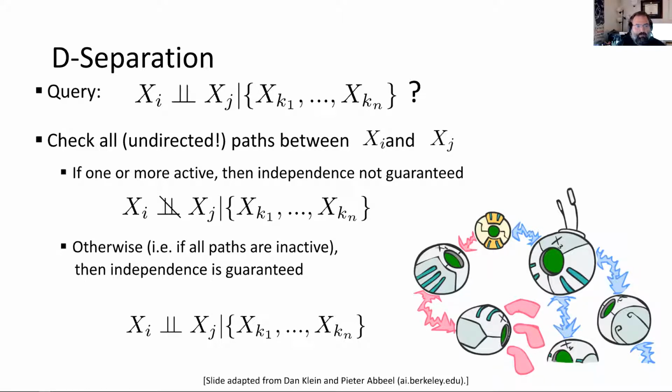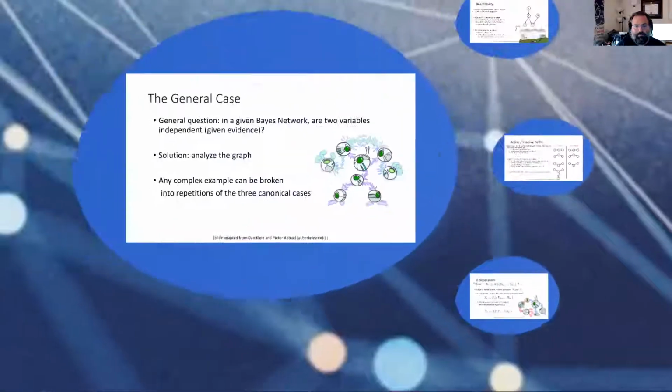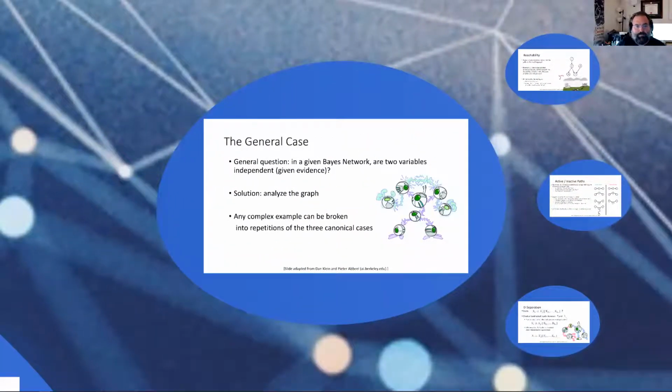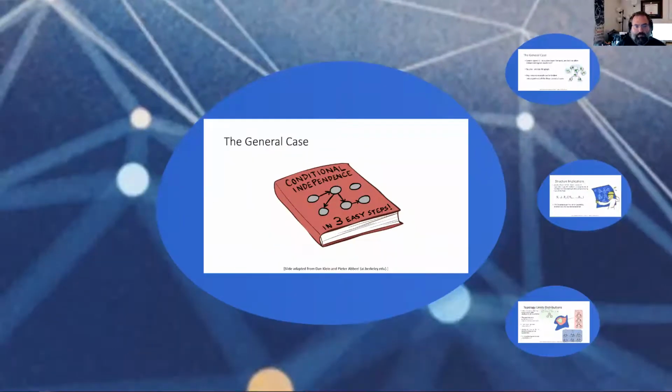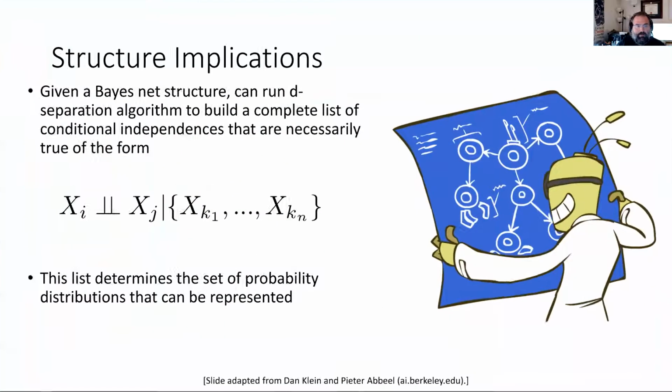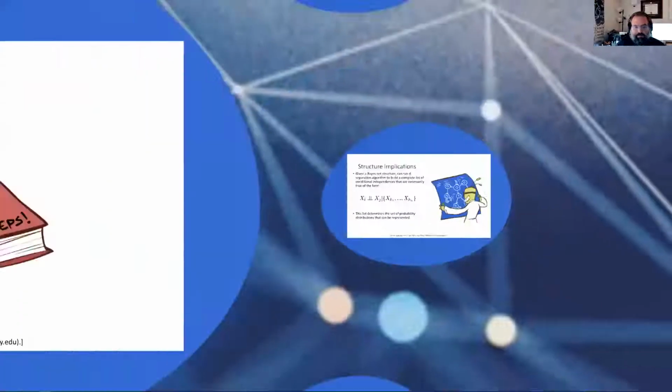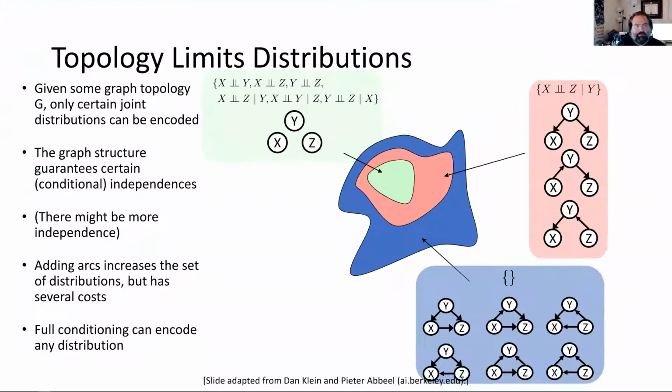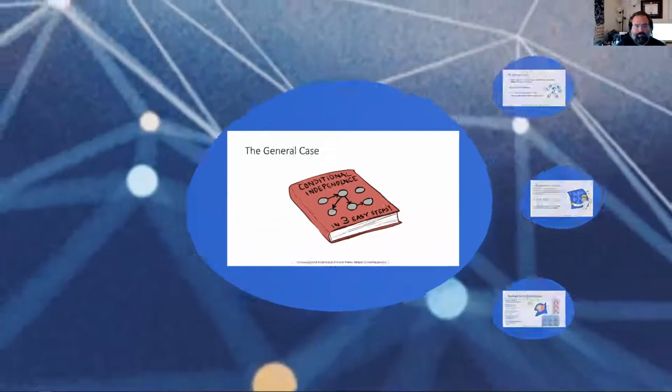And if one or more is active, then independence is not guaranteed. Otherwise, if all paths are inactive, then independence is guaranteed. So that's one basic way of figuring out the general case of being conditionally independent. And definitely there are some structural implications of the Bayesian net, as we just talked about, figuring it out using various algorithms. And I'll skip over the topology distribution.